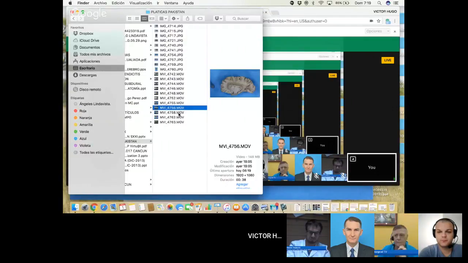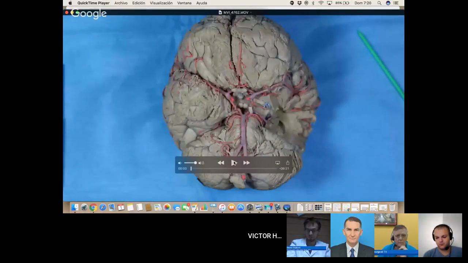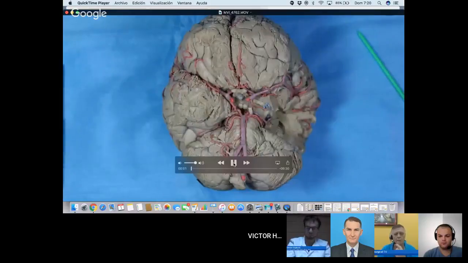Okay, let's go to see. Okay, this is the ventral surface of the brain.